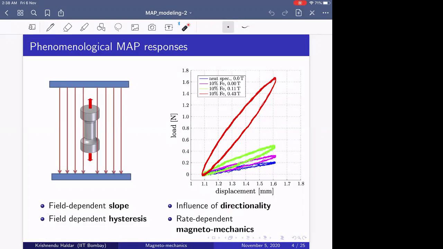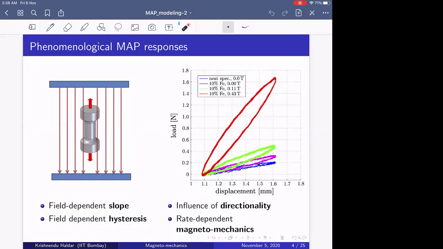However, I didn't present any rate dependent figures here, this is just a motivating slide. That's what we generally observe for such material in a magnetomechanical testing condition.